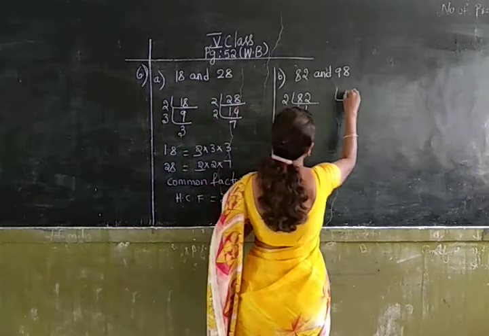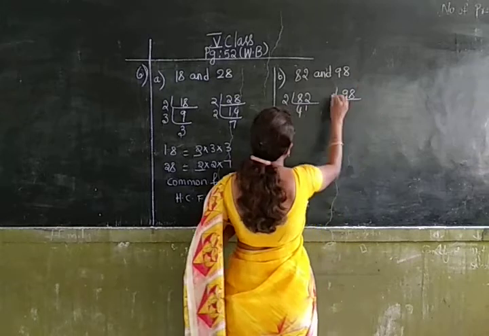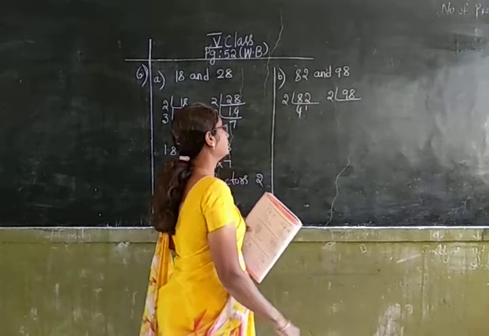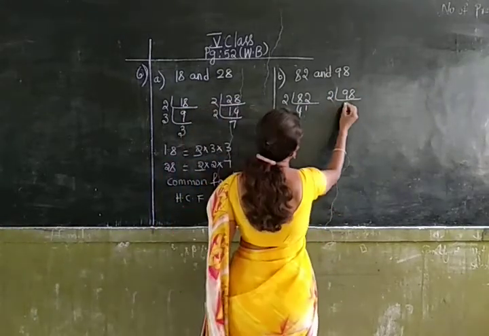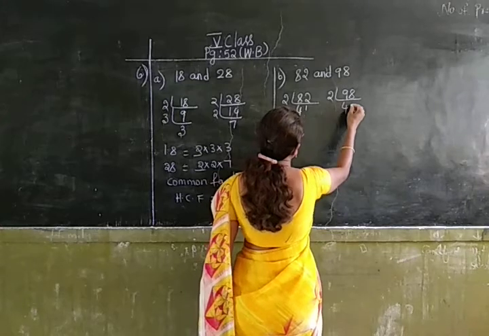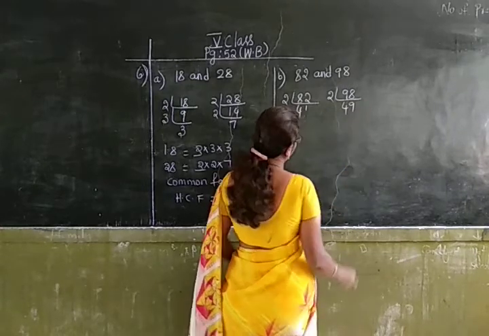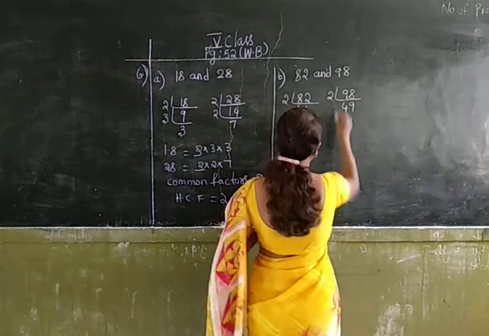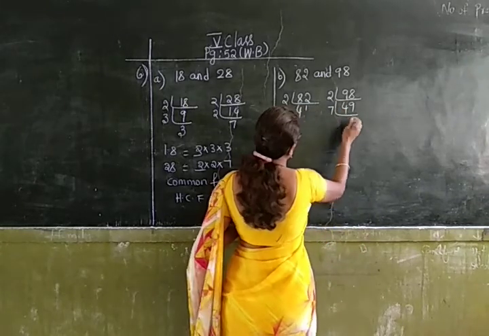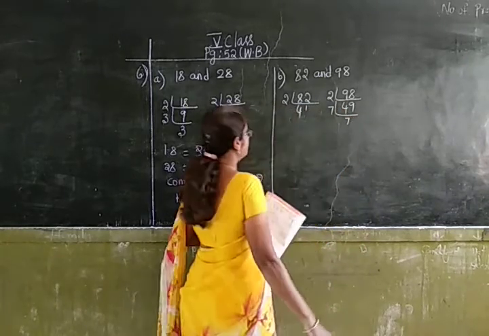Let us prime factorize 98. 2 goes in 9 4 times and 2 goes in 18 9 times. So let us take the 7 table. 7 goes in 49 7 times.